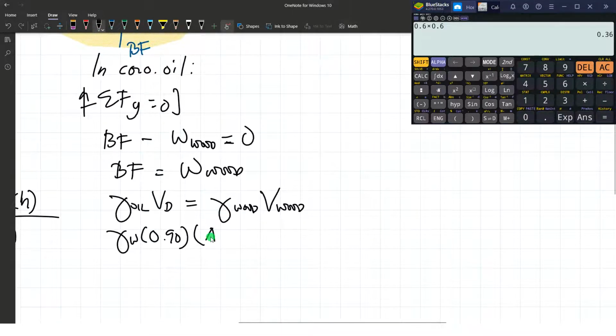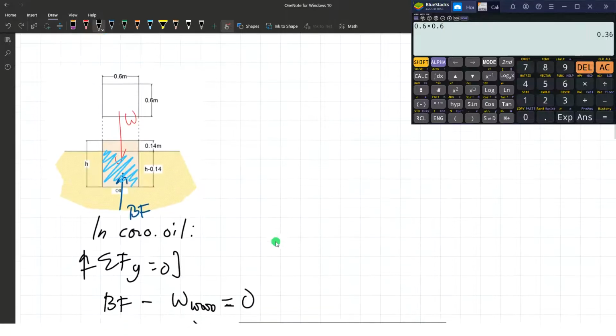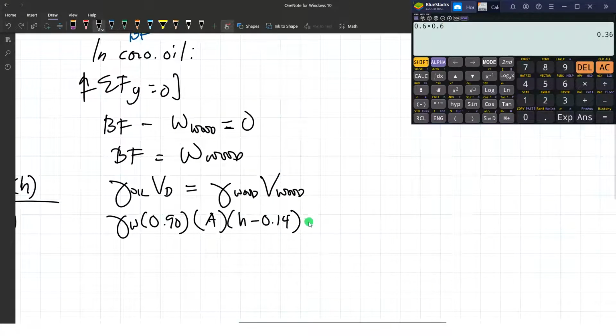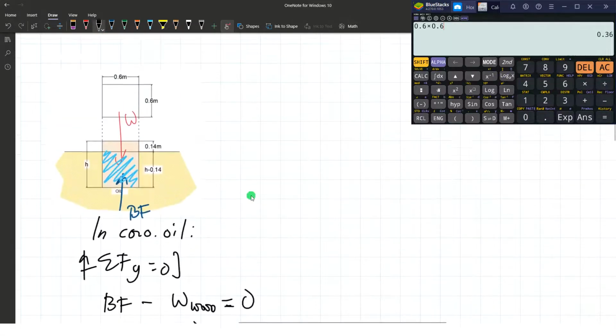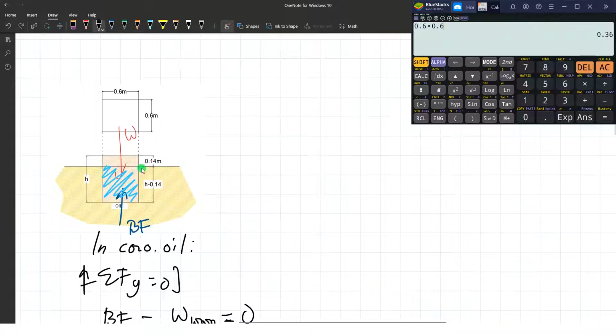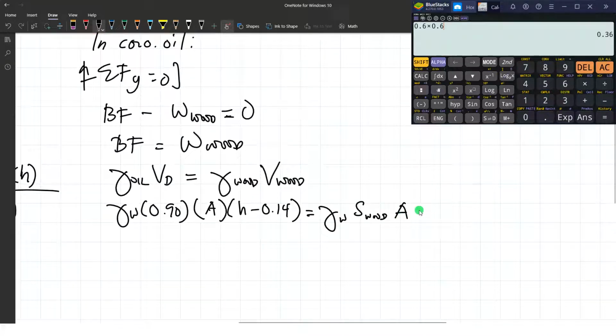So A times H minus 0.14 equals the unit weight of water multiplied by the specific gravity of wood, and the total volume of the wood is the cross-sectional area multiplied by the total depth, A multiplied by H.